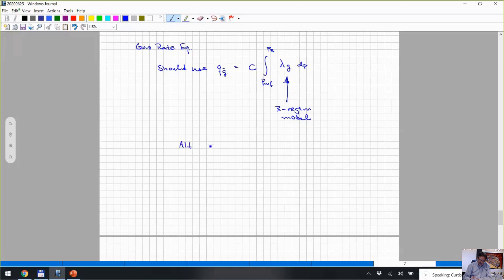Okay, so an alternative is QG is KH over log RE/RW plus a blockage skin, and you use the integral of P over, I know it has, gas pseudopressure integral for dry gas.